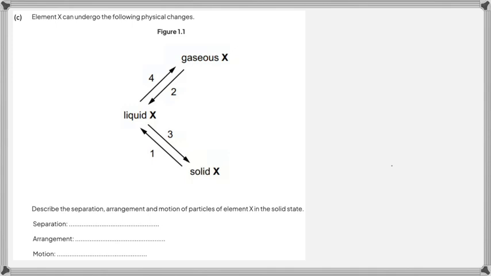Remember, it's specified here, it's solid state. It's not liquid state, it's not gaseous state.